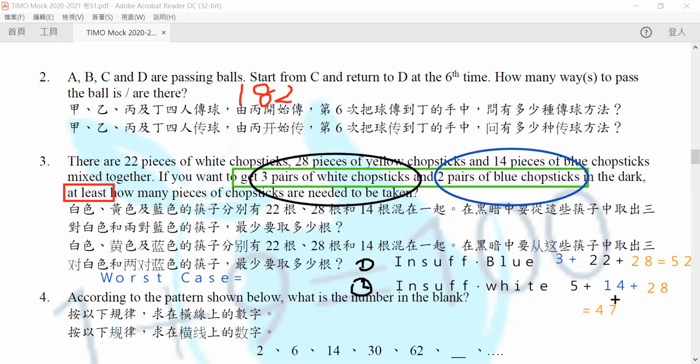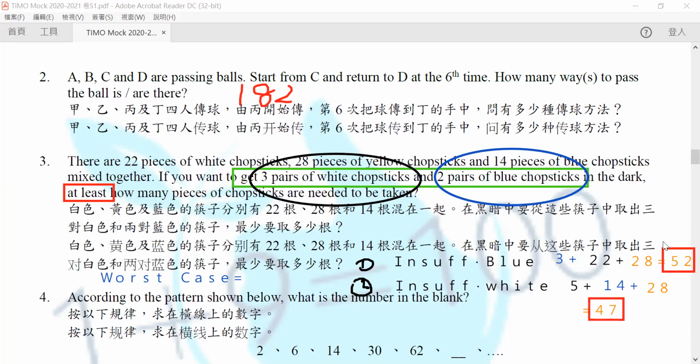So we can only take all blue chopstick, which is 14, plus all the yellow chopstick, which is 28. So if we have insufficient blue, we can take 52. If we have insufficient white, we have to take 46. Which one is bigger?